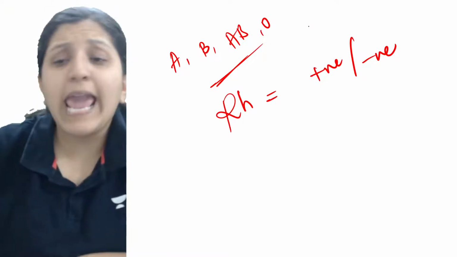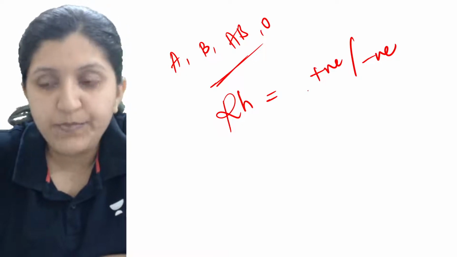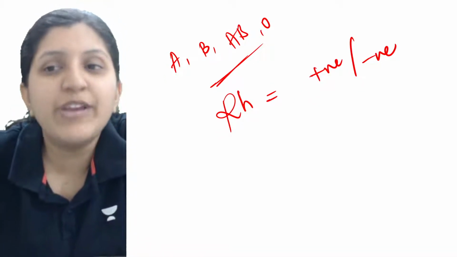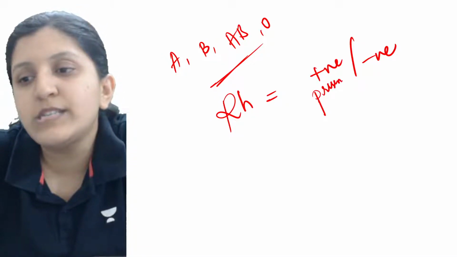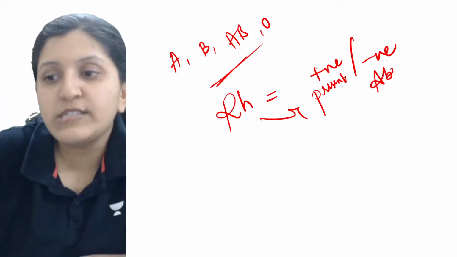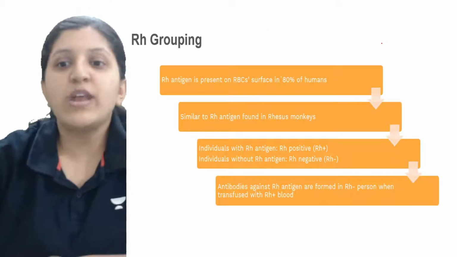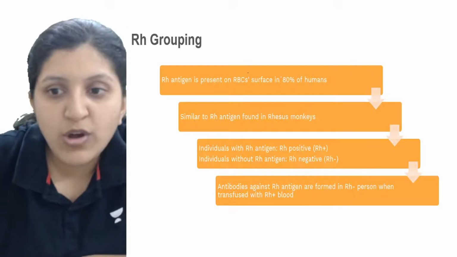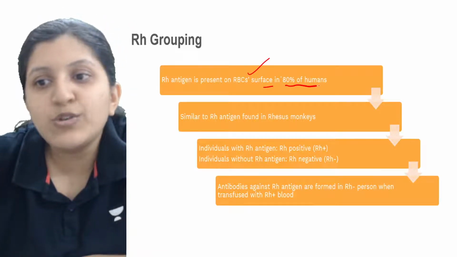Okay, so there is A positive blood group and A negative blood group, what we say. In that case, we call it positive if the RH antigen is present, and if the RH antigen is absent, we call it negative. The RH antigen is present on the RBC surface in 80% of humans.